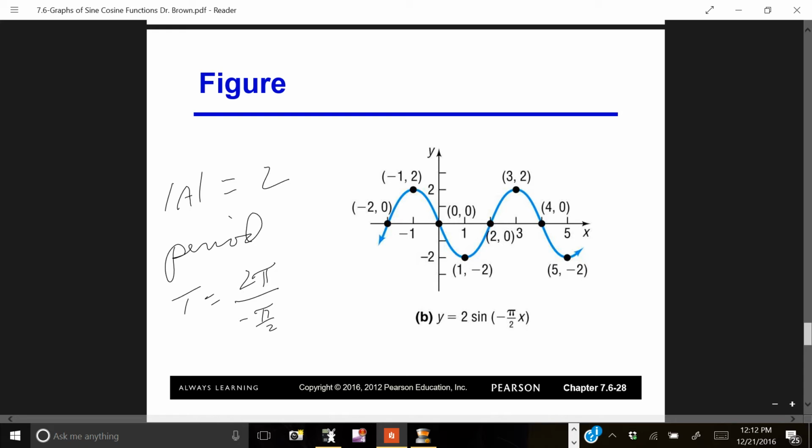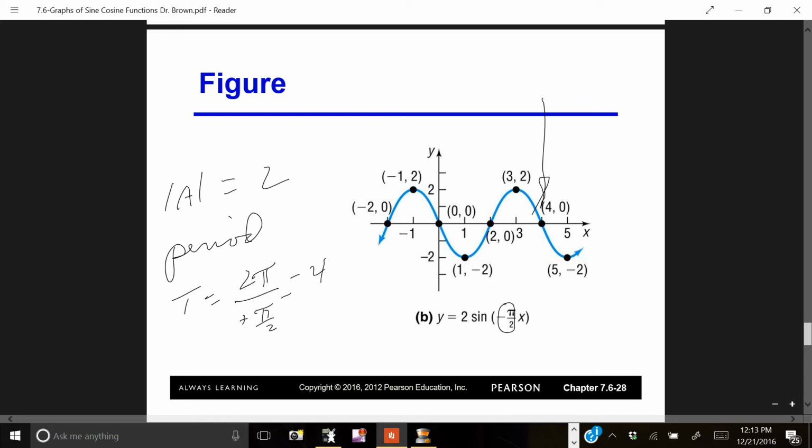Well, of course, the period cannot be negative, we need to put in the absolute value of what's multiplying the x, and that will be 4. So we expect one period to be 4, as you see here.